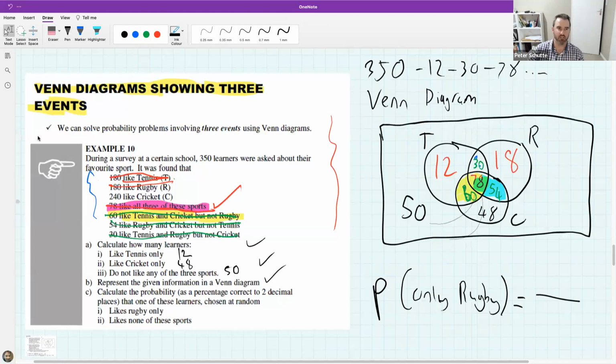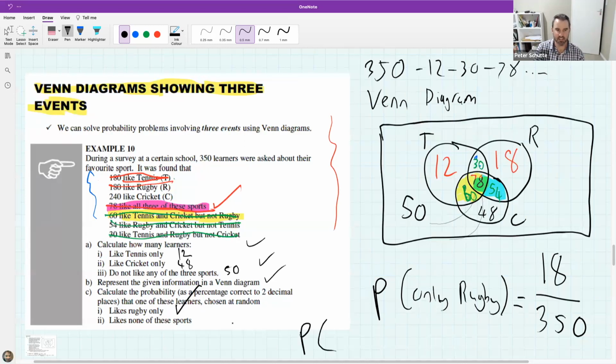Pop answer in the chat. So we know that the possible outcomes are 350. How many ones would be favorable? Well, favorable for this question would be liking rugby only. So it's 18 out of 350, which I can see Owami, Tebogo, or Romelo, you've got it.